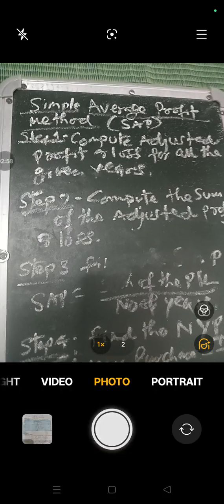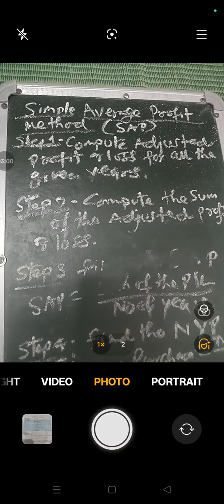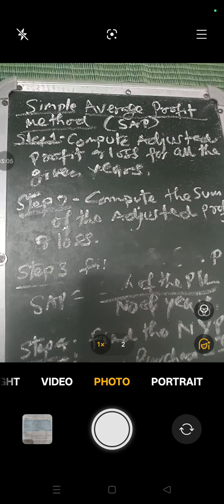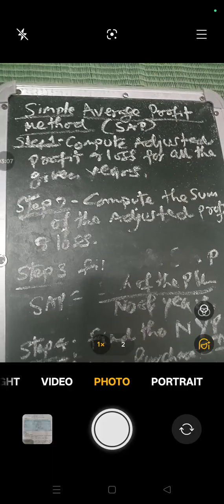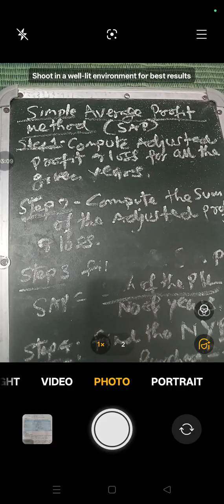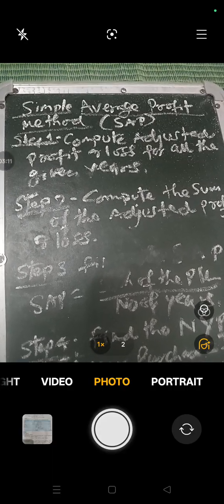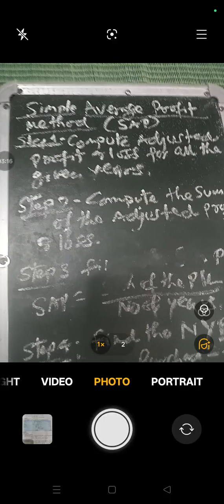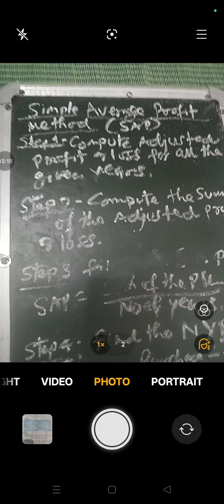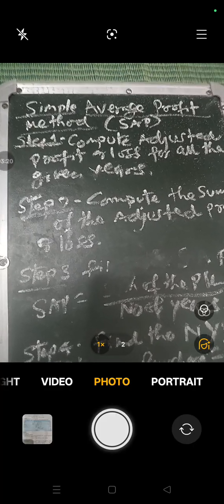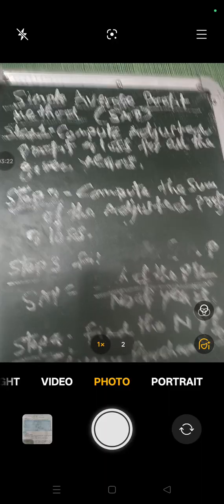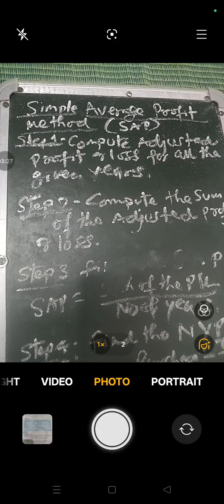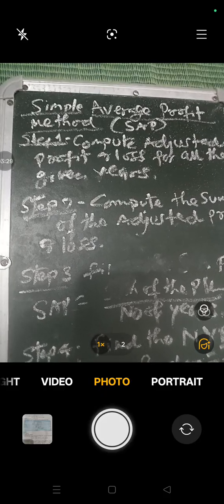The next is: less non-operating or non-trading income, profits and gains. Why is this subtracted? Because non-operating income is not a part of trading or operating income. It is already added, and that is wrong, so here we deduct it from the given profit or loss. Third one is: add operating income.